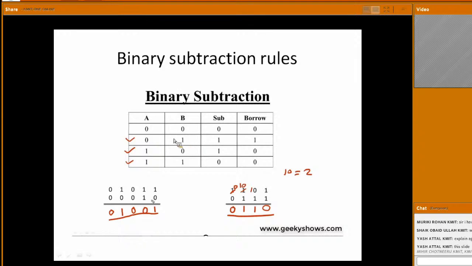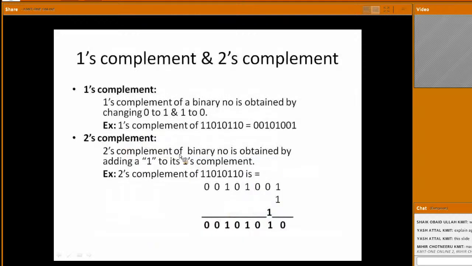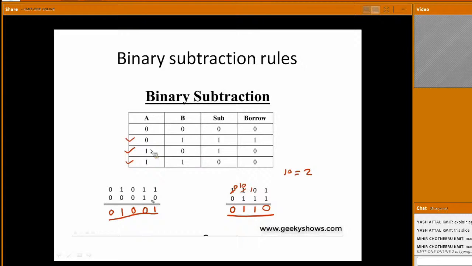When you subtract a 1 from 0, the difference is 1 with a borrow of 1. Similarly, when you subtract a 0 from 1, the difference is 1 with a borrow of 0. And when you subtract 1 from 1, the result as well as the borrow are both 0.